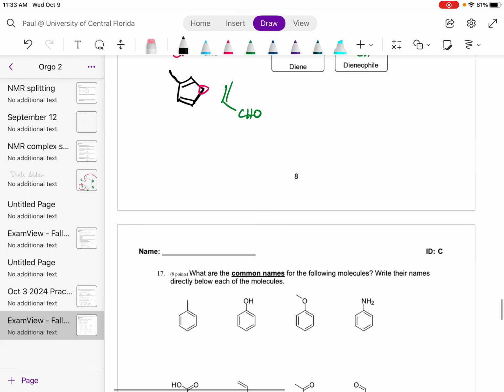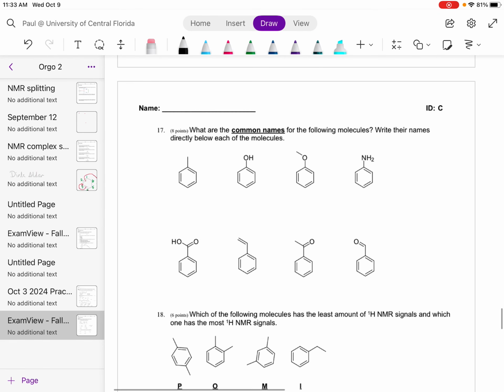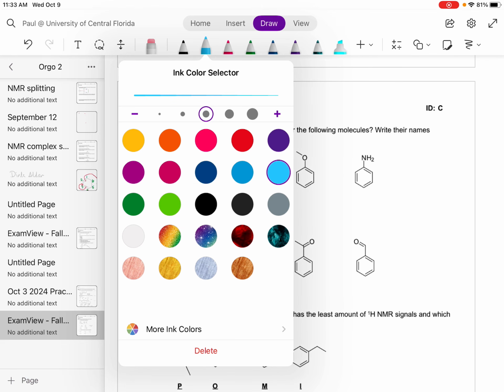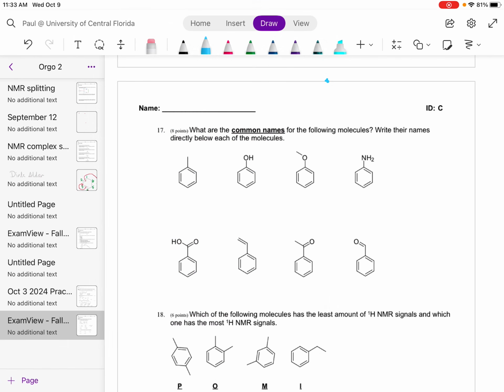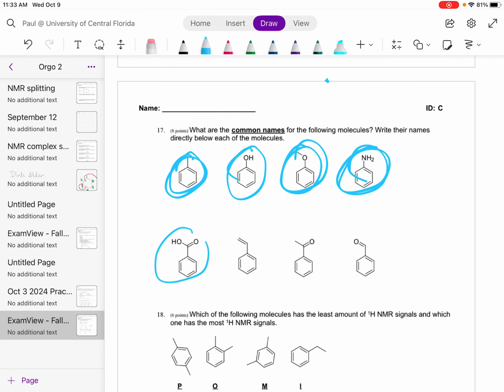Okay, let's see. So problem 17, this is just naming things. This guy right there is toluene, phenol, anisole, aniline, benzoic acid, styrene, benzophenone, and benzaldehyde.